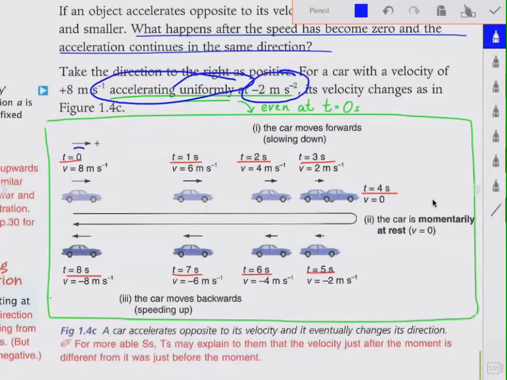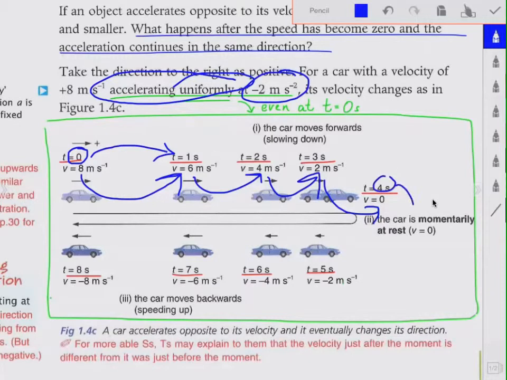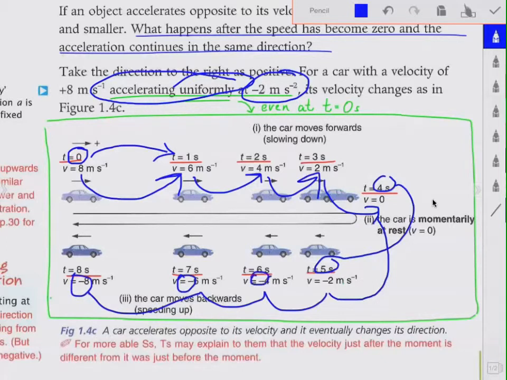On screen, from time equal to 0, after 1 second its velocity decreases by 2, decreasing by 2 for every second. Of course, here it becomes 0. After that, from 4 to 5 seconds, it continues to decrease: -2, -4, -6, -8. This negative sign, from 5 seconds to 8 seconds, means the car is moving backward.